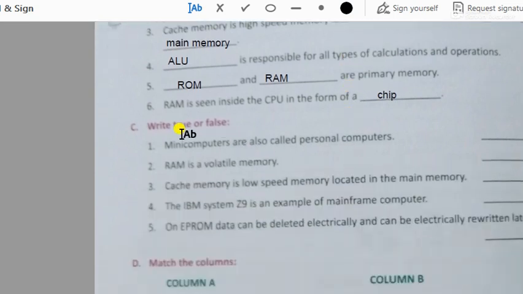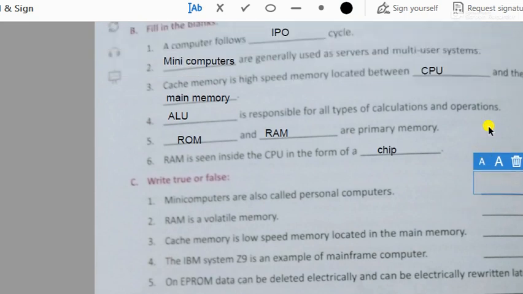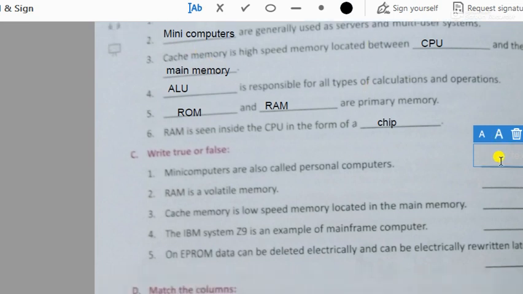Here we're going to do true or false. Mini computers are also called personal computers. No. Mini computers are generally used as a server, so it is false. And RAM is a volatile memory.